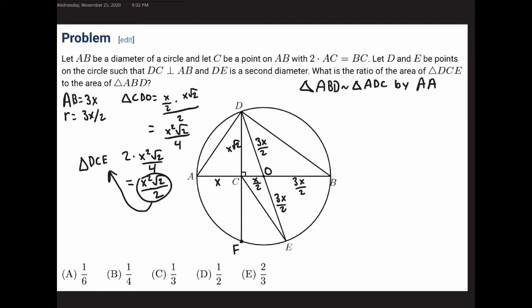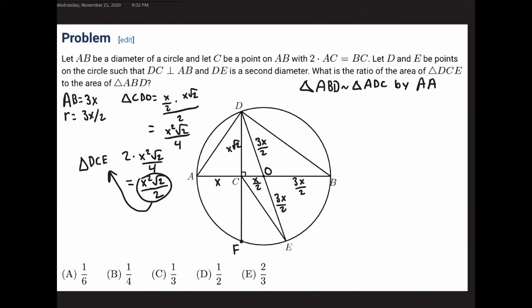So that's one angle that's the same, and then we also have this common angle in both triangles, and therefore by angle-angle the two triangles are similar.